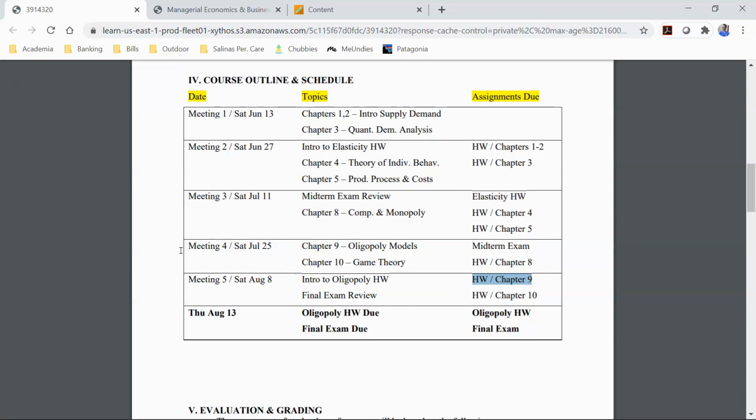You're past the midway point as soon as you turn in your midterm. We've got 2 more chapters to do today, and then next meeting will be our last one. The final 2 assignments will be the oligopoly homework and the final, which we'll talk about next time.